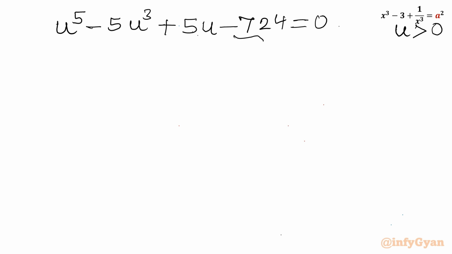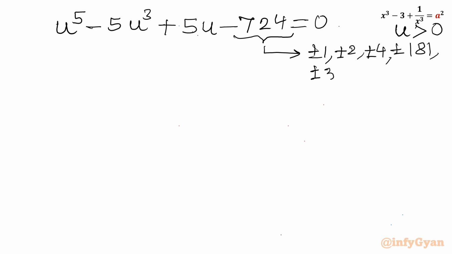So first we will write all the eligible factors of constant term. It would be ±1, ±2, ±4, ±181, ±362 and ±724.